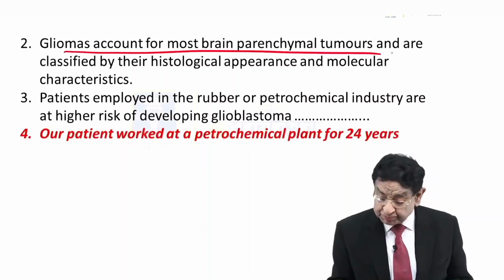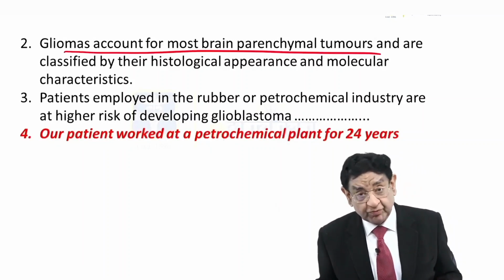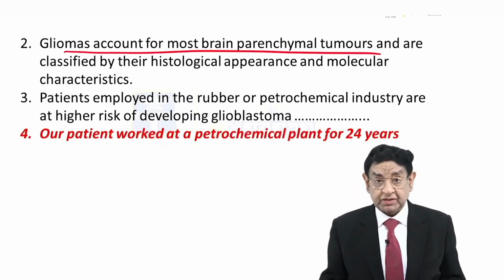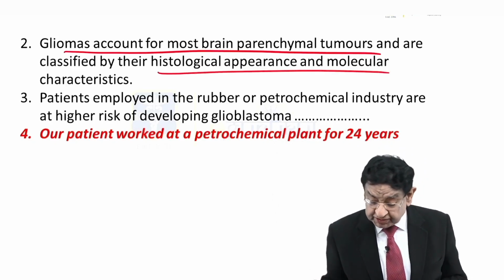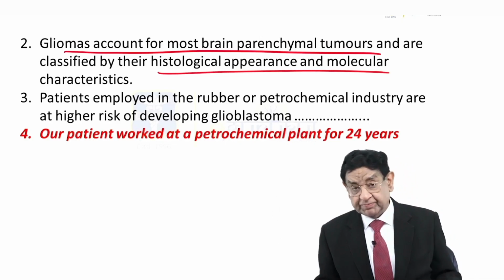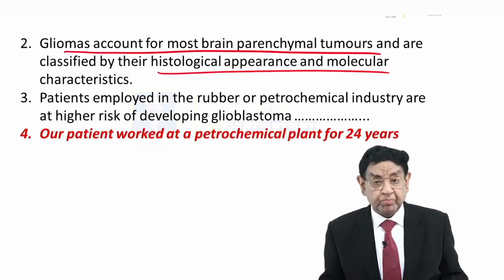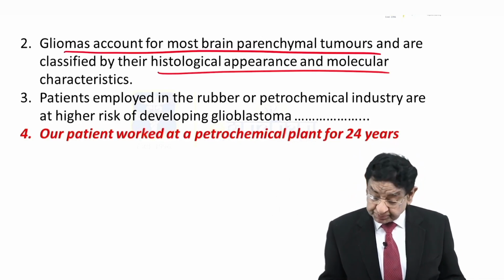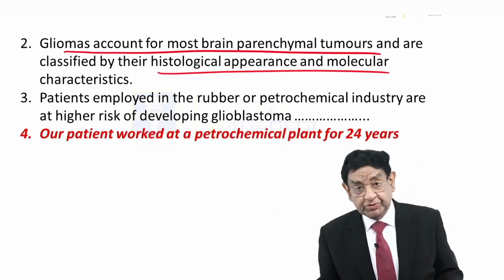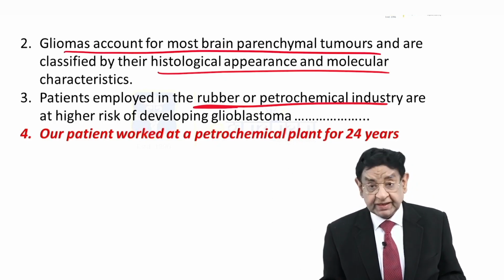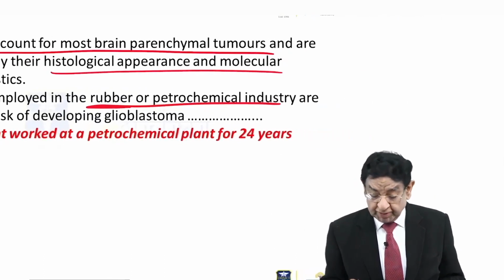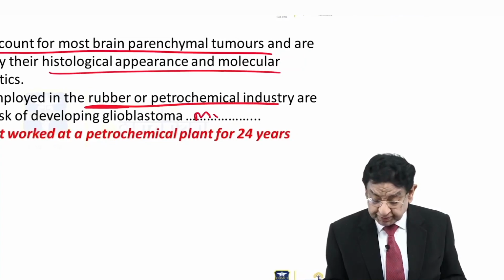Gliomas account for most parenchymal tumors, as we know very well. The gliomas, so-called astrocytomas, are the most common tumors in the brain, and they are classified on the basis of histological findings and molecular characteristics. As I told you in the very beginning, these tumors are very common in those who work in the rubber industry or petrochemical industries, who are especially prone to develop glioblastoma multiforme.